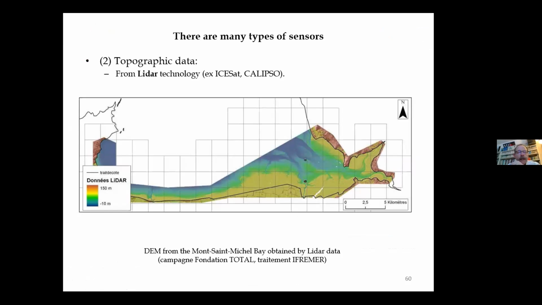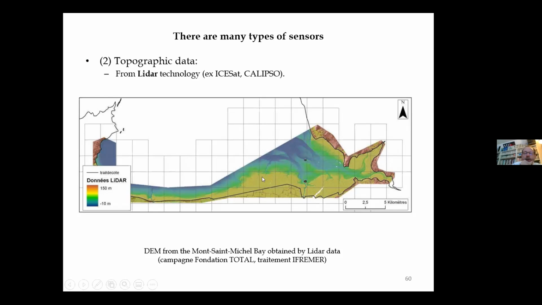Topographic data can also reach a digital elevation model using LiDAR technology. One of my other PhD students worked on the Mont Saint-Michel Bay, and she could use, at that time, the first LiDAR acquisition thanks to the Total Foundation.